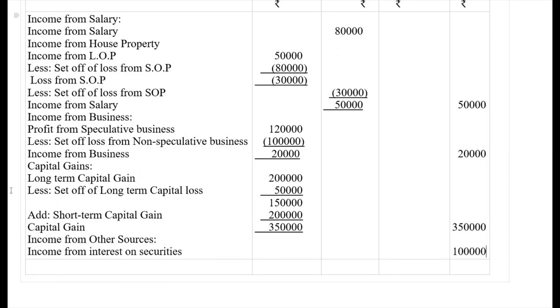Now let us take the total here. There is nothing in the carry forward column here. Then it is 50,000 plus 20,000, 70, plus 3 lakh 50, 4 lakh 20, 5 lakh 20,000.